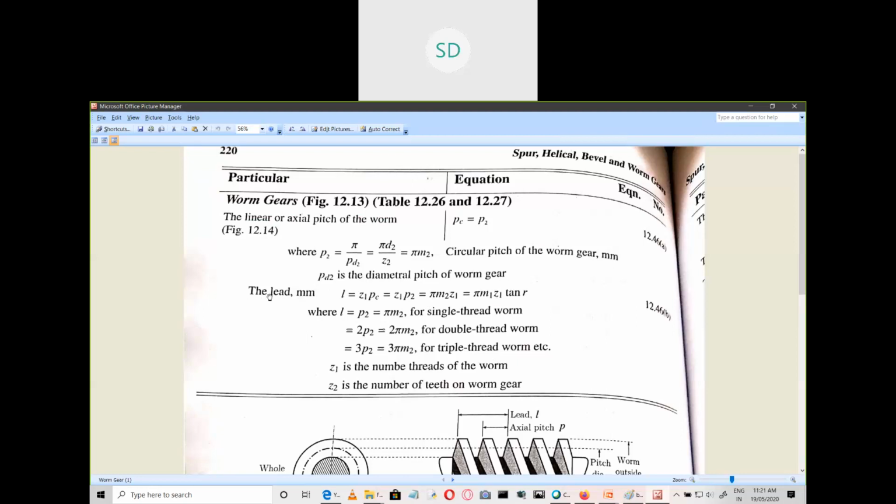Now the lead L equals Z1 Pc or Z1 P2 or pi m2 Z1 or pi m1 Z1 into tan gamma. Where L is for a single thread worm, a double thread worm, or a triple thread worm.